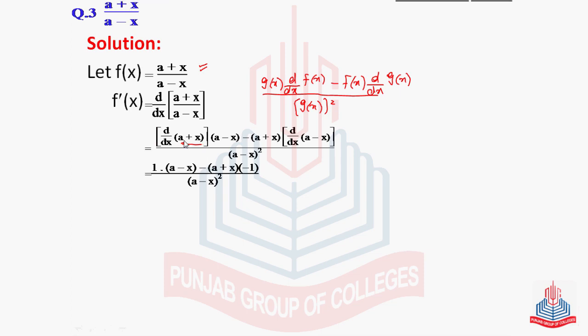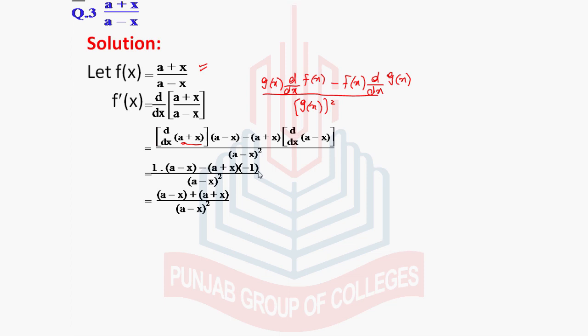The derivative of a will be 0. We have only 1 from the derivative of x. This (a − x) will be as it is, minus (a + x), and similarly when we apply the derivative on a − x, a is a constant term and will become 0 after applying the derivative, minus x, the derivative of x will become −1.